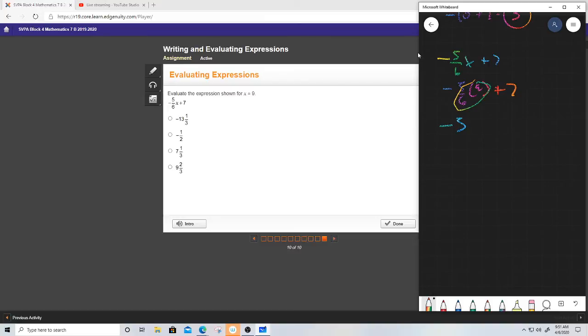What's 6 divided by 3? Deuce. And what's 9 divided by 3? 3 plus 7. Right, times. And now what is negative 5 times 3? Negative 15 over 2 plus 7. And then what is negative 15 over 2?